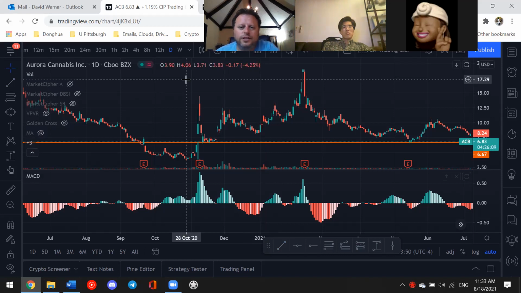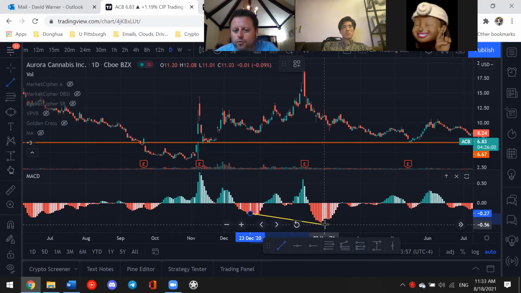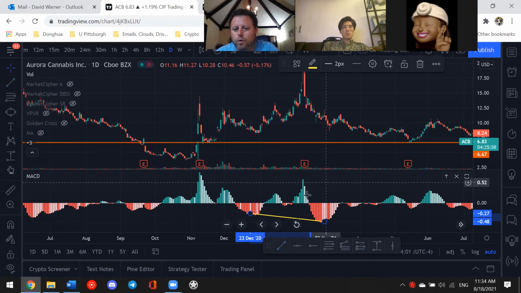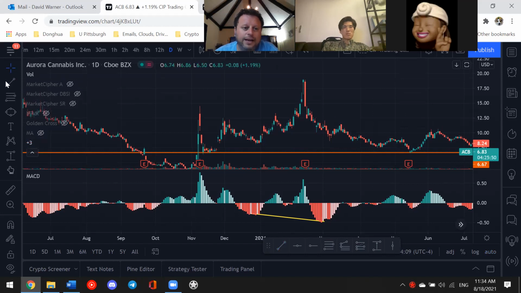Now, what we're looking for in a divergence is the histogram having one direction. So the line is going down here. We're making lower lows. But at the same time, what's happening to the price? And it has to be the same time.